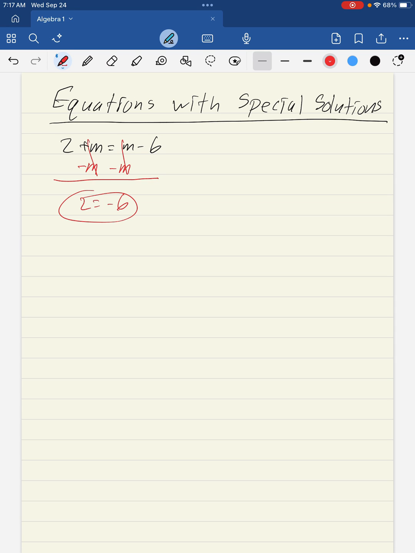Does 2 equal negative 6? Nope. That's false. Because that's false, we say this equation has no solution. Okay, guys?